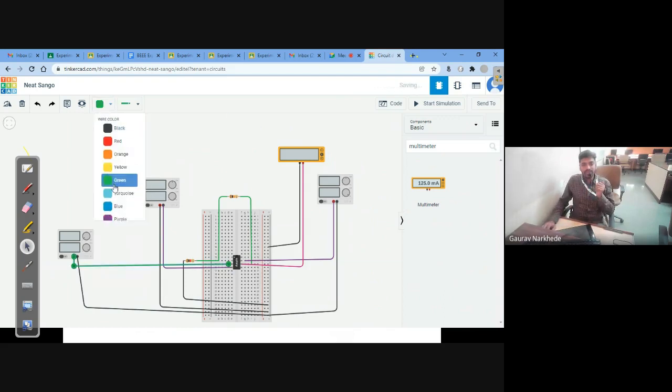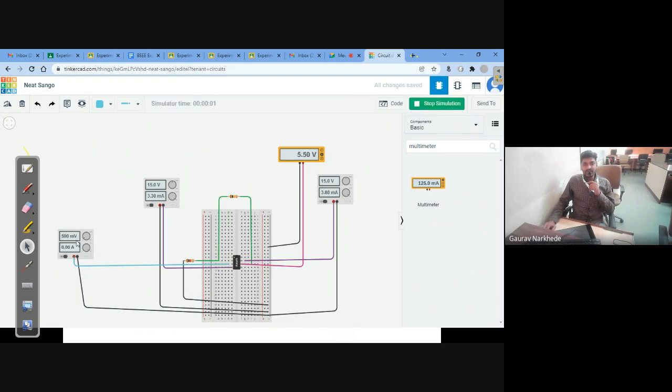Let me give it by using green color. Green is overlapping a bit, so let me give it by using some brown color. No, turquoise. Okay, so this is your second input, with this turquoise color. Now I will just see what is the output.